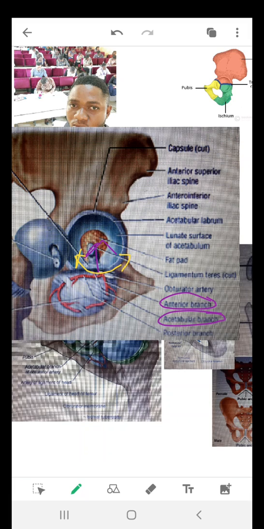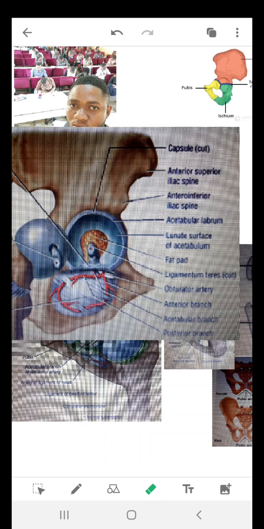So the acetabular branch from the obturator artery goes into the acetabulum to supply the acetabular region. That's how the blood supply to the acetabulum comes about.